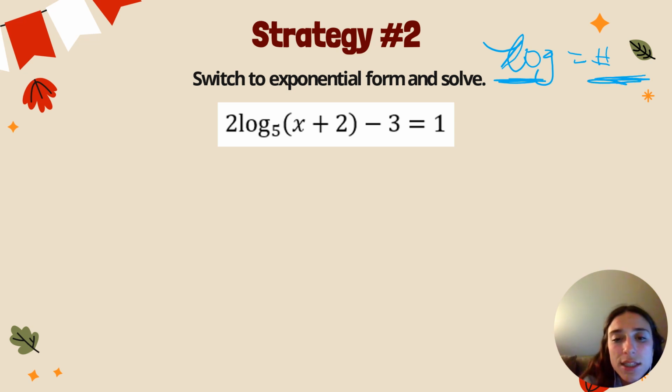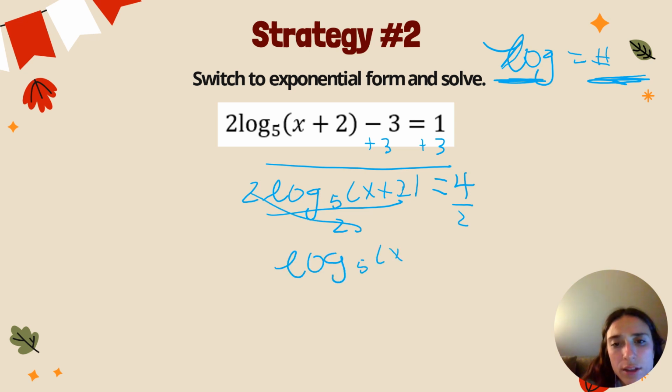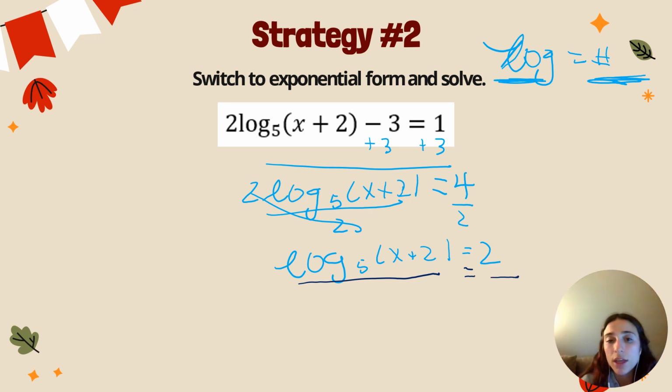So in this example, we're going to get the log by itself. I'm going to add 3 to both sides first. So I get 2 log base 5 of x plus 2 equals 4. The log is not by itself yet, so I'm going to divide both sides by 2. So I get log base 5 of x plus 2 equals 2. At this point, I now have log equals number. When that happens, we're going to switch it to exponential form.